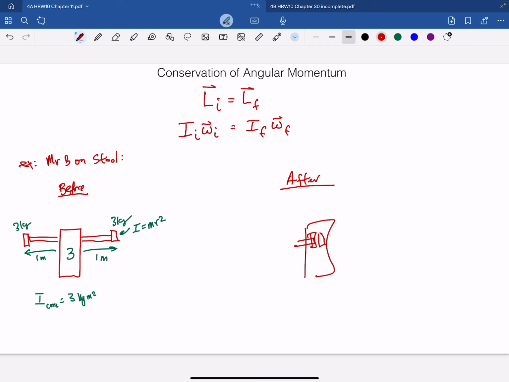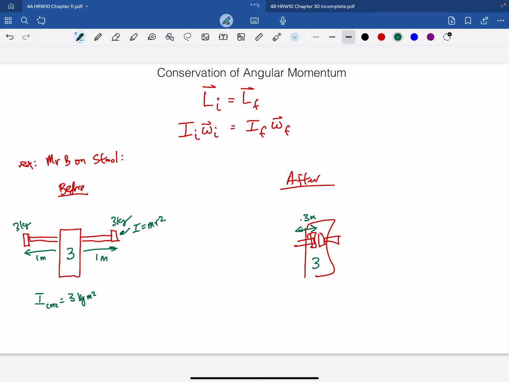After they pull in, they're 30 centimeters away from the center of my chest. That's probably too much, it's probably more like 10 centimeters, but that's all right, it's the numbers I have. But the center will remain 3, still mr squared. It's just where those mr squareds are changes.